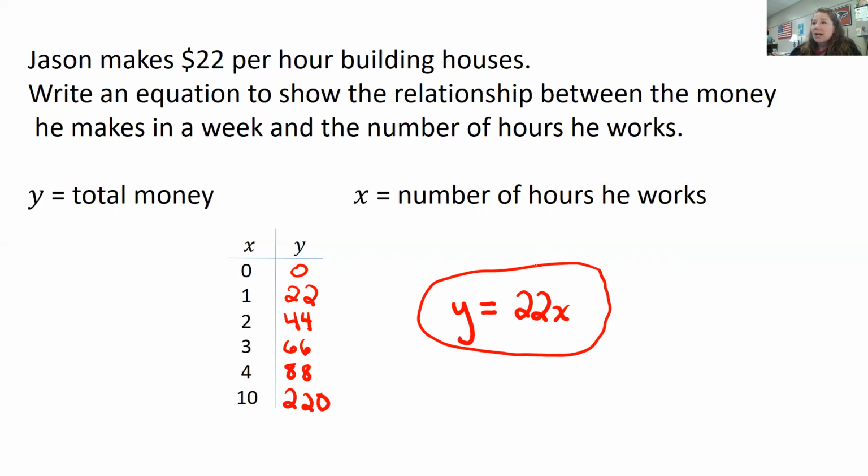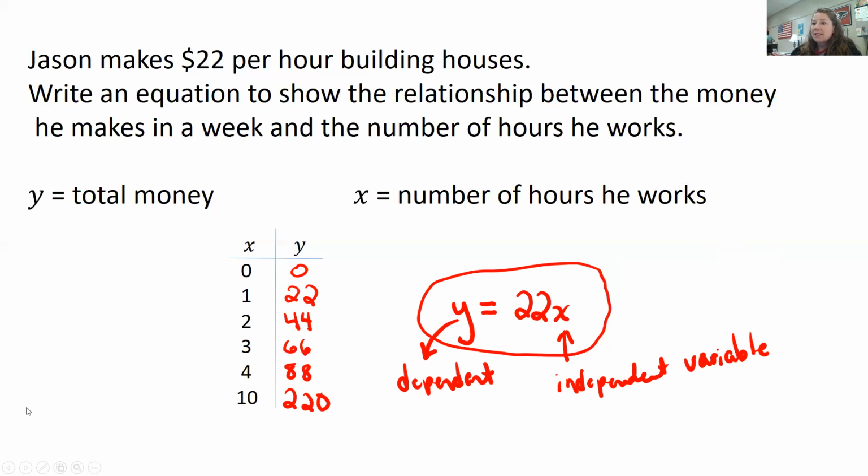So in this scenario, X is our independent variable, which happens to represent the number of hours he works, and Y, which is the total amount of money he makes, is dependent on how many hours he works.